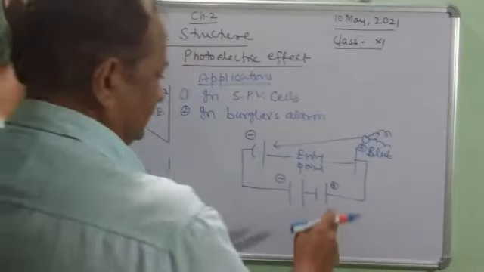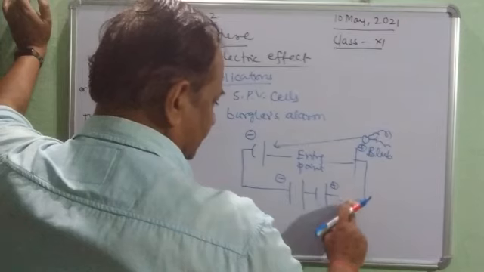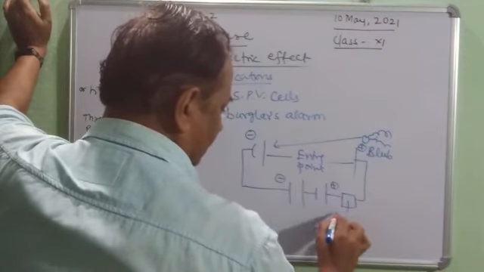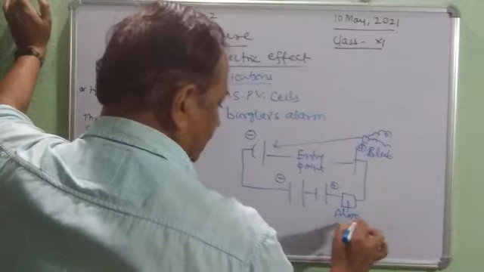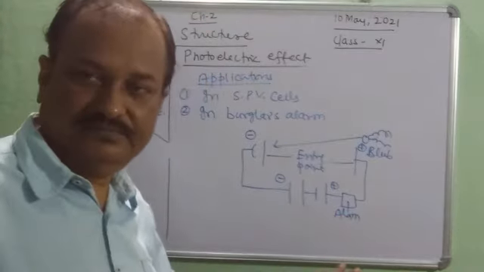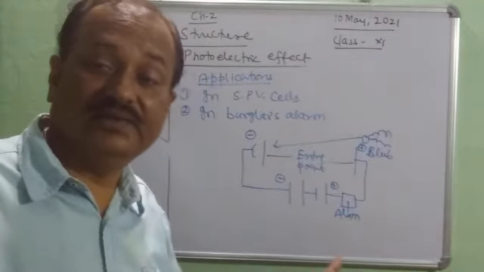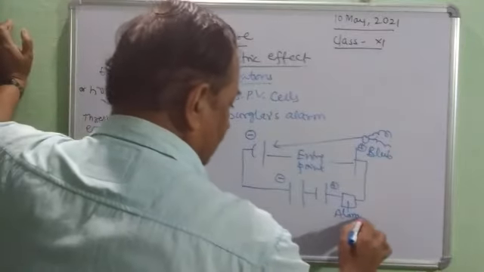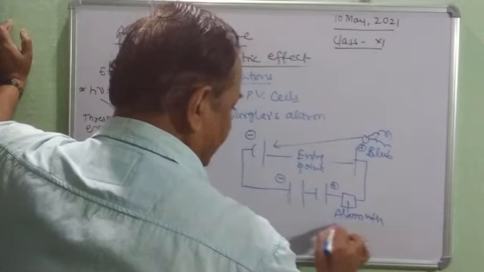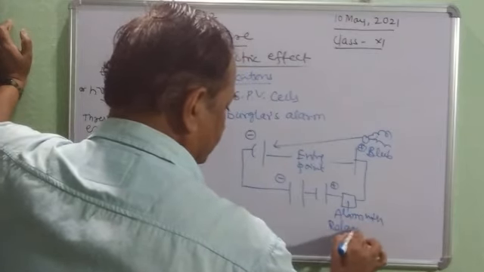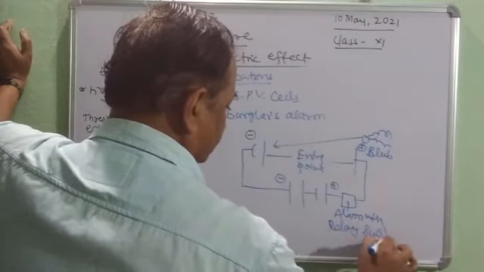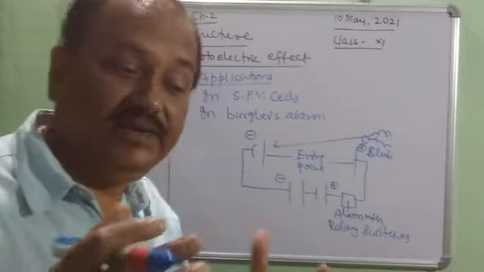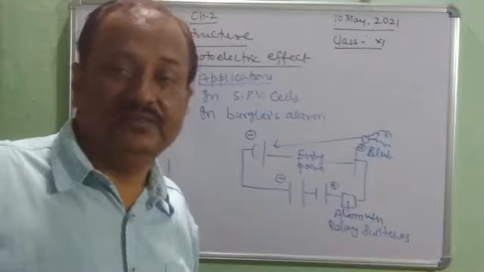And in this circuit, an electric bell or alarm is installed with relay switches. Relay switches are automatically able to change the direction of current.